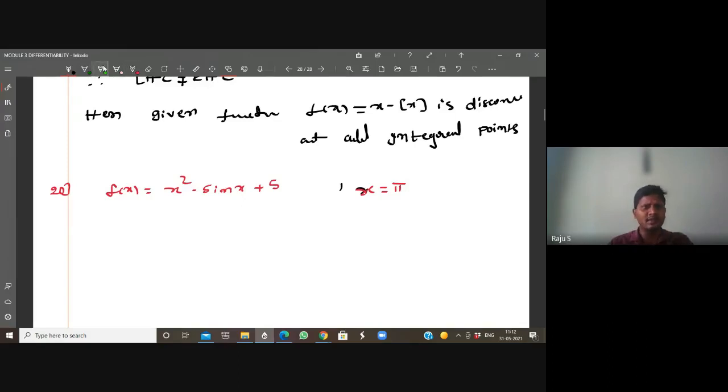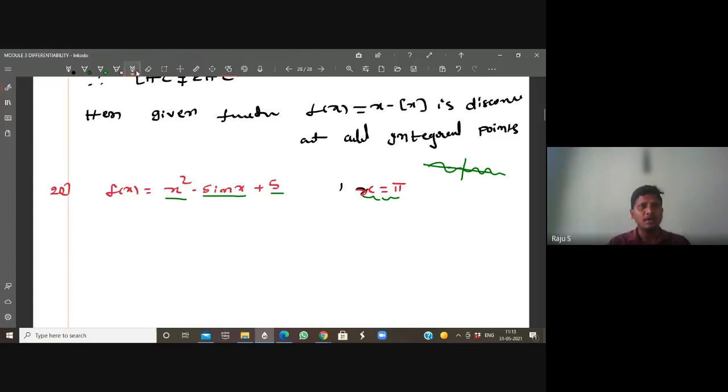Because x square is a polynomial, continuous everywhere. Sin x is a wave function, always continuous everywhere, from minus infinity to plus infinity. Yes or no? So sin x is continuous. A constant function is continuous everywhere.